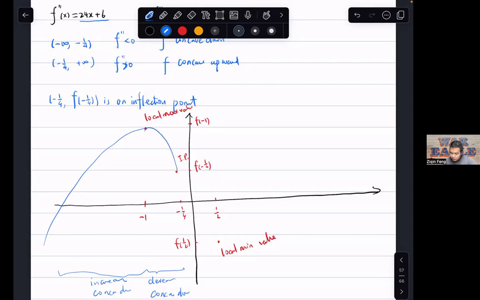And from -1/4 to 1/2, still decreasing, but concave upward, right?